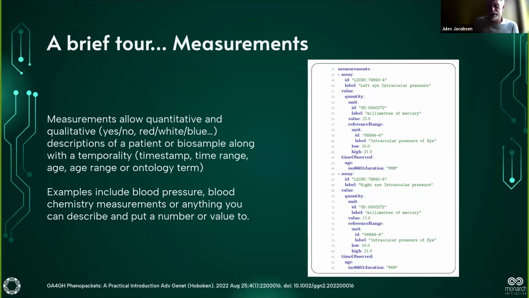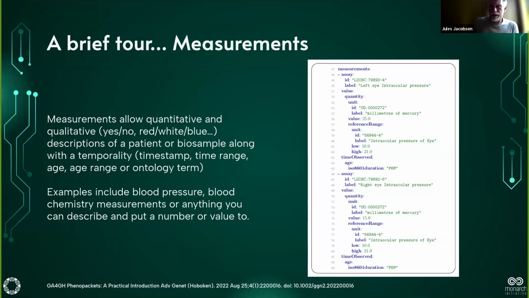You notice here we're using a different ontology or terminology. We're using LOINC, which is for the lab measurements, and then you get an actual value of the measurement you've taken. It will tell you what the unit is, what the value of the measurement in that unit is, and also the reference range for the measurement.